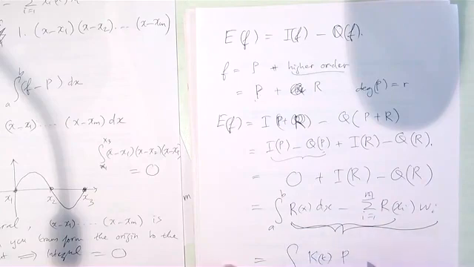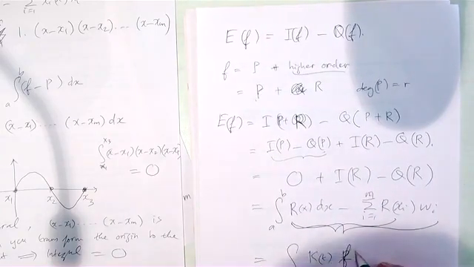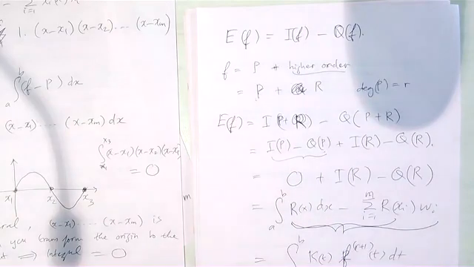by choosing the integral form of the remainder. Okay, so then you can rewrite this. And we are going to give some examples of the Peano kernel.